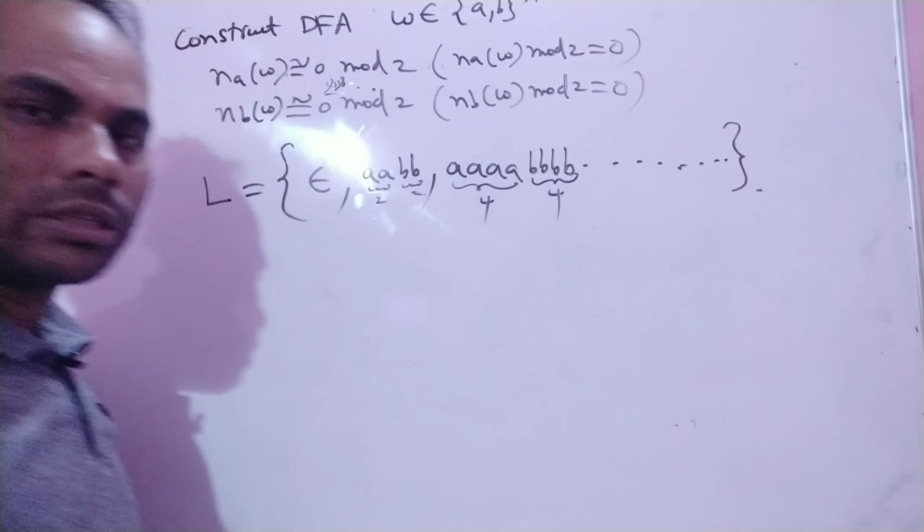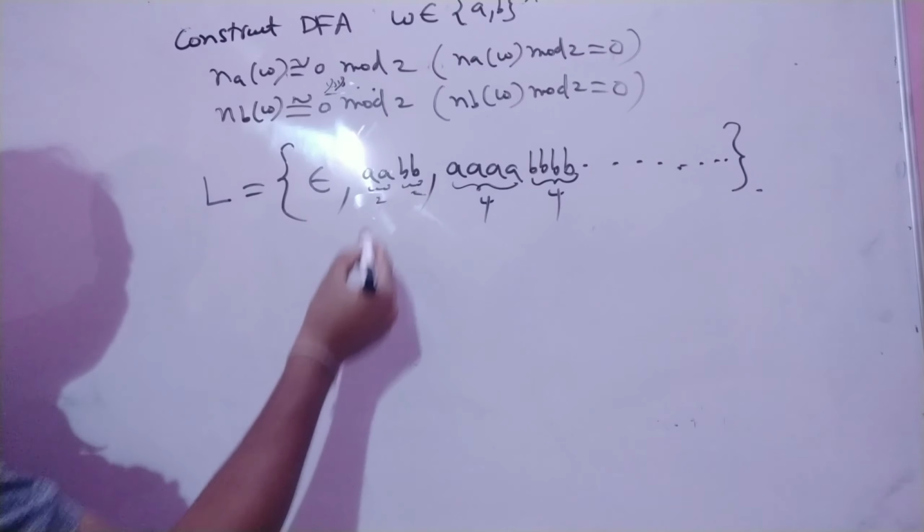So how do we construct the deterministic finite automata for this? Just see here, what are the different possibilities?